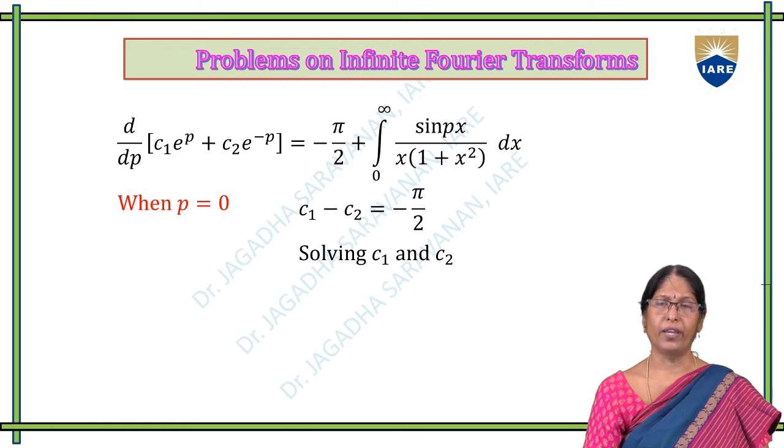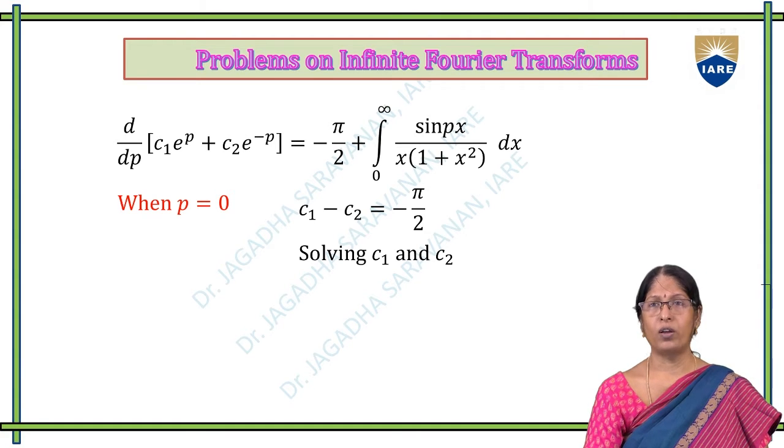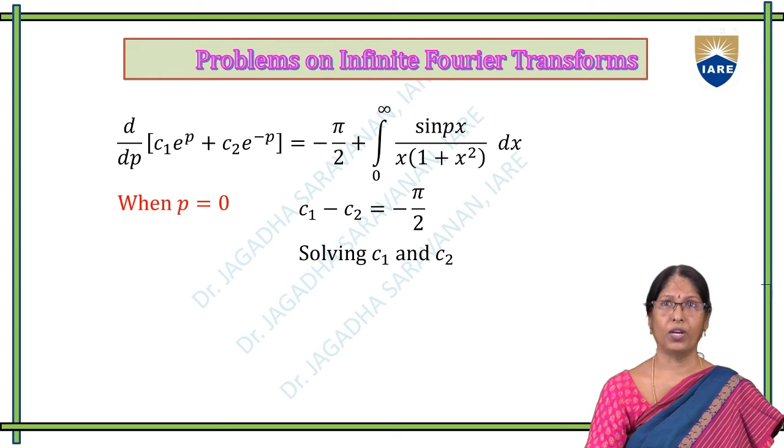Now, our aim is, we obtained our general solution c1 e power p plus c2 e power minus p. In that we want to know the value of the constants. To find the values of the constants c1, c2, these are the steps we are doing.